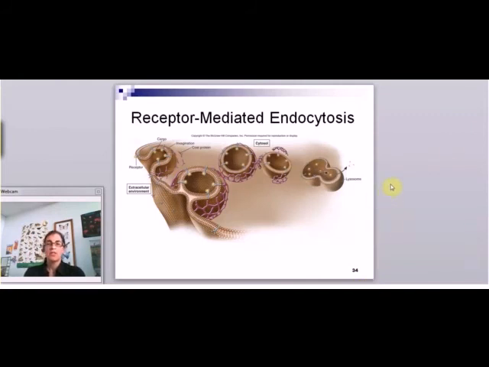The last one is receptor-mediated endocytosis. So as this name gives away, this part of it's really important. So on the cell surface, and you can see them in blue, I'll just draw them a little bit bigger, there's these molecules called receptors. That has a similarity to the word receiver because receptors receive.